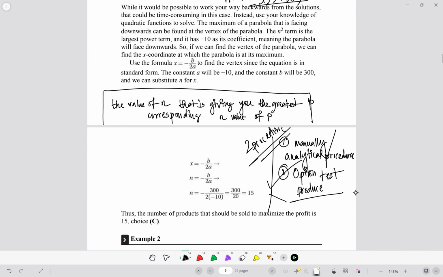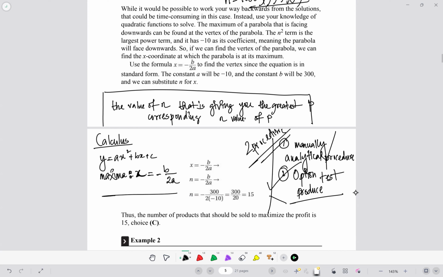For any basic kind of equation like this, y equals ax squared plus bx plus c, from basically calculus you can say that the maxima, the biggest value, is at x equals negative b by 2a. X equals negative b by 2a.